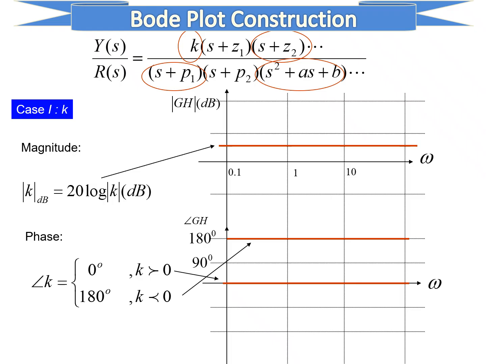It is equal to 20 log |K| dB, and if you see, the plot is a constant value because of K. And then for the phase angle, there are two cases: the phase angle of K is equal to 0 degrees for K more than 0, it is the plot, and 180 degrees for K less than 0, it is the plot.